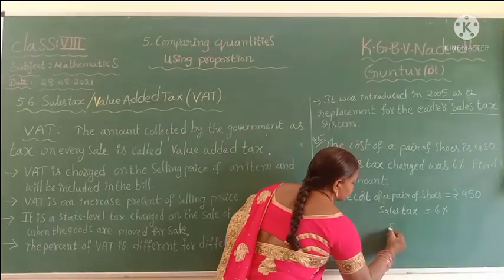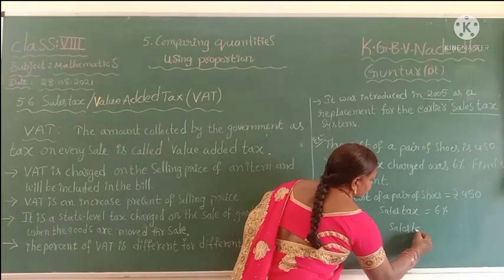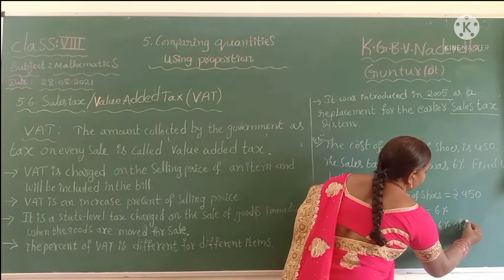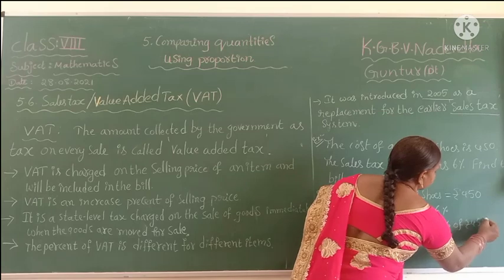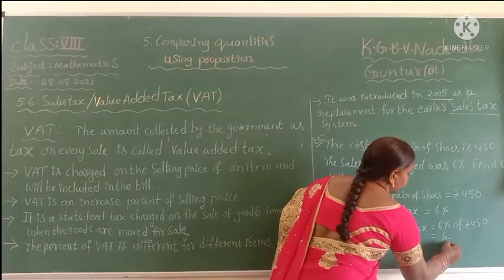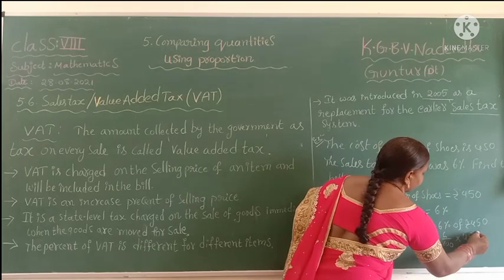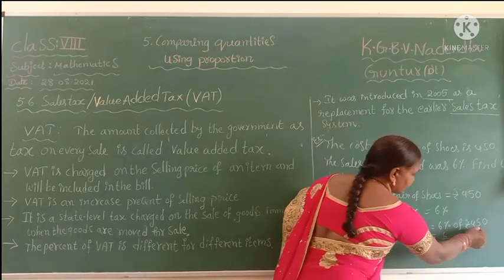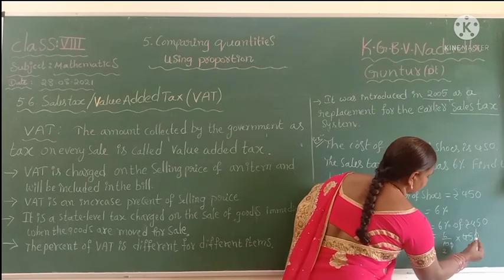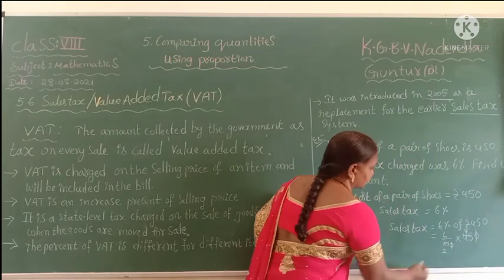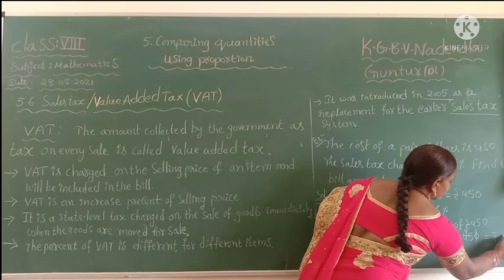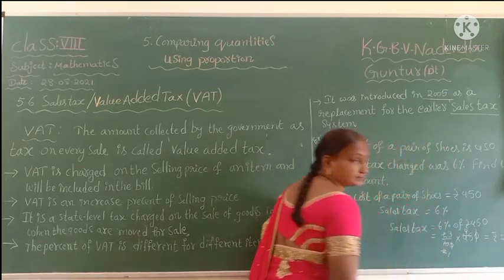The tax amount is equal to 6% of 450 rupees. That equals 6 by 100 into 450 rupees. Here the zeros cancel. 5 twos are 10, 5 nines are 45, 2 ones are 2, 2 threes are 6. That equals 27 rupees.